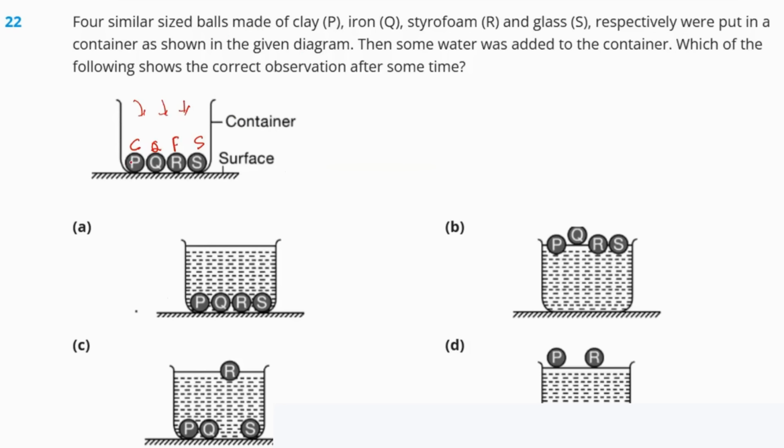So everybody, clay, iron, and glass, they are heavy in weight. So what will happen, they would remain at the bottom, whereas F would be coming up, right? Couple of explanations could be there. One is buoyant force, another one is density, right? And the weight. So our option number C would be the correct answer over here.